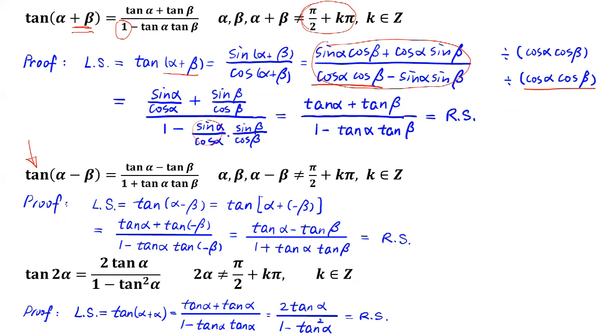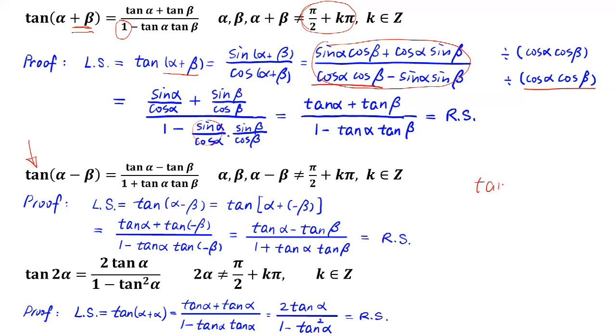So let's start from the left side. Tangent of alpha minus beta is actually tangent of alpha plus minus beta, right? Which is, according to the formula we have already proved, tangent alpha plus tangent minus beta over 1 minus tangent alpha times tangent minus beta, right?